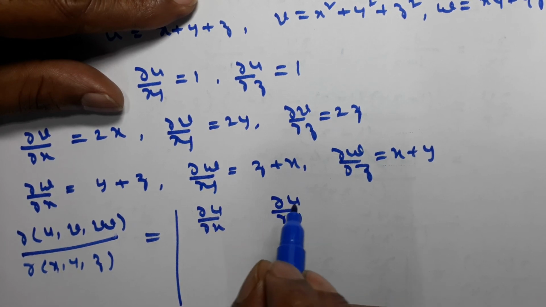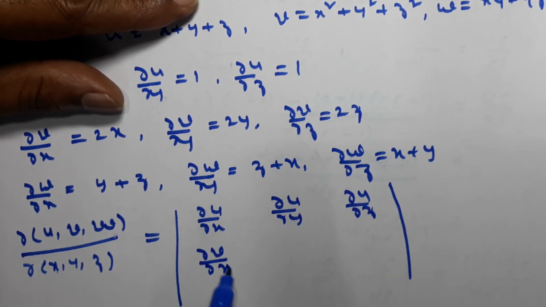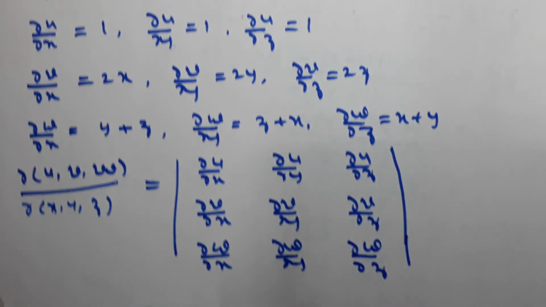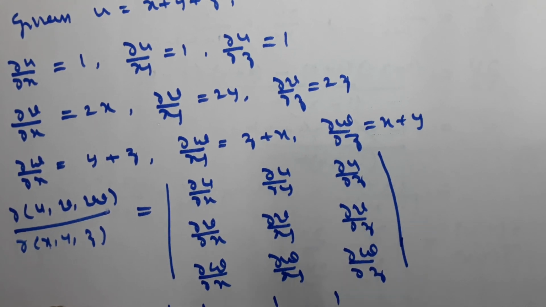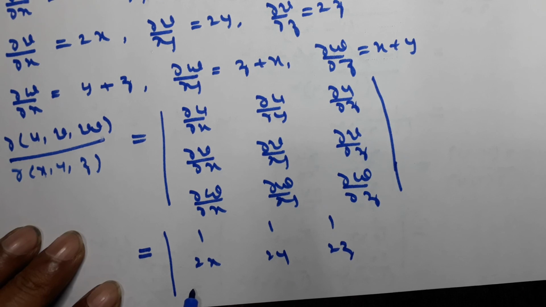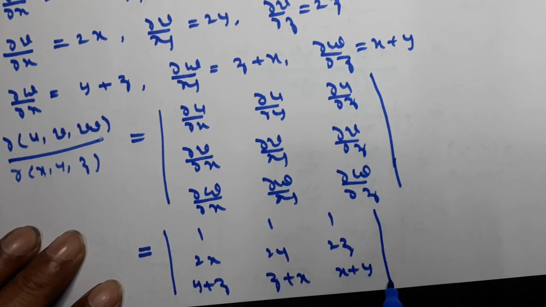So the first row terms are ∂u/∂x, ∂u/∂y, ∂u/∂z. Similarly, ∂v/∂x, ∂v/∂y, ∂v/∂z, ∂w/∂x, ∂w/∂y, ∂w/∂z. This Jacobian of order 3 by 3 is equal to the determinant 1, 1, 1, 2x, 2y, 2z, next y + z, z + x, x + y. The only thing is to simplify this determinant.